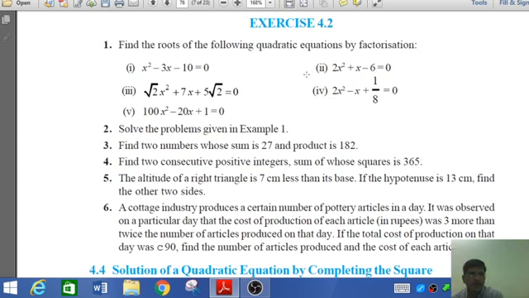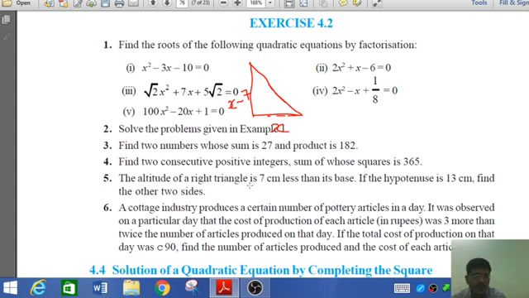Okay. See, now the fifth sum is there. In the fifth sum, altitude of a right angle triangle. So if I draw one triangle here. Now altitude of the triangle is 7 less than the base. If I take the base as x, then the altitude is x minus 7, not 7 minus x.